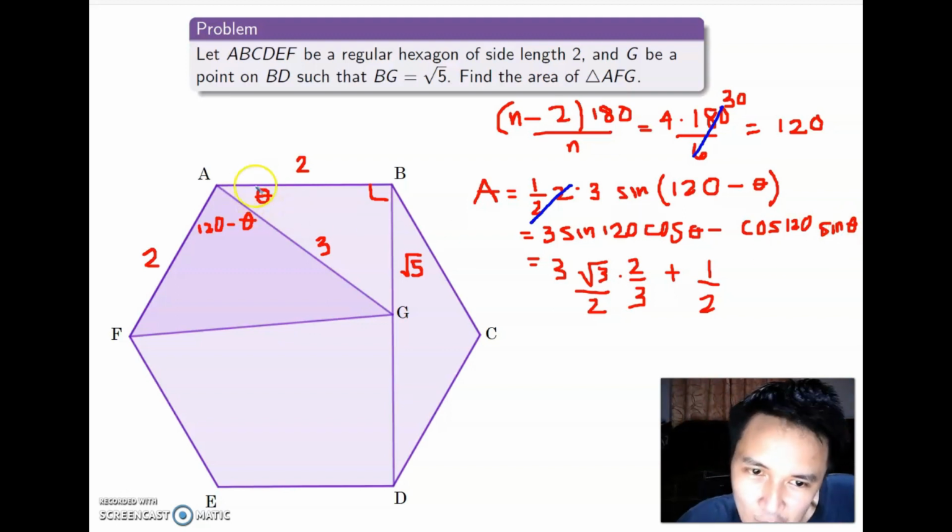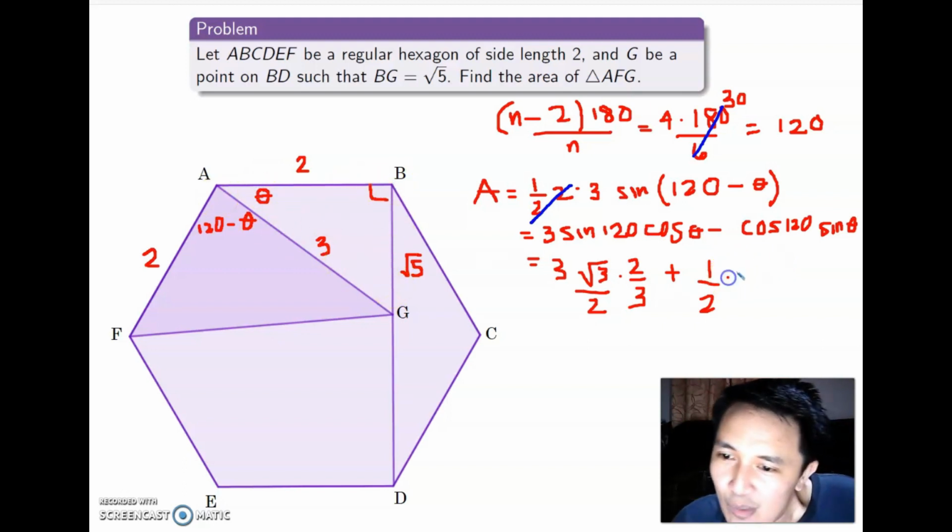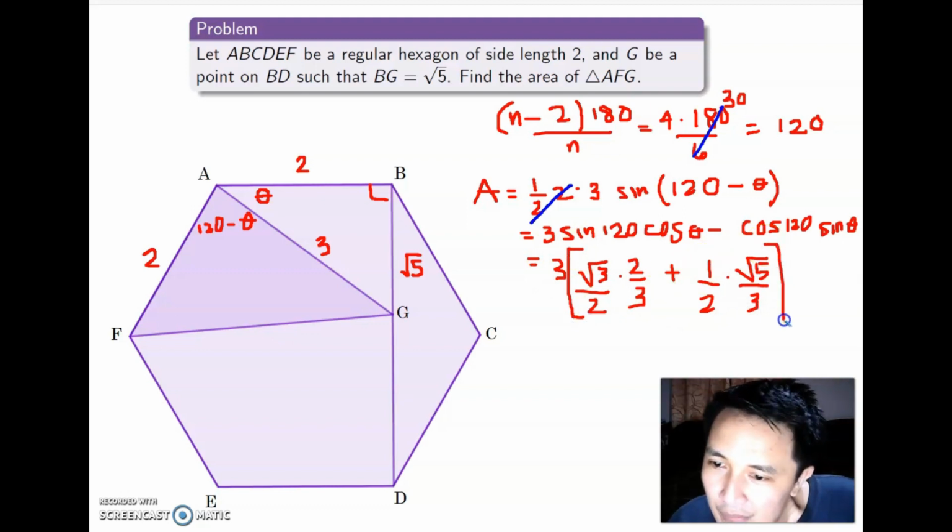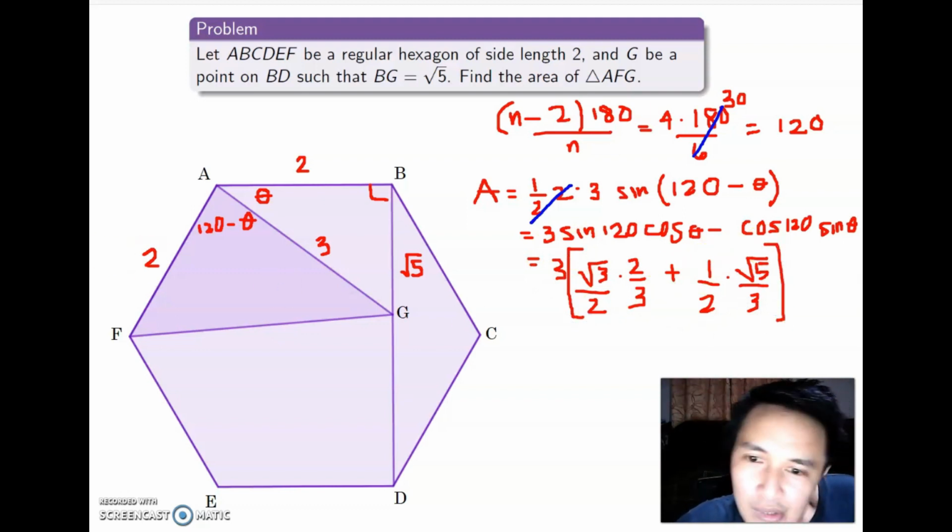Going back to this theta here, we define sine as opposite over hypotenuse. So I multiply this by square root of 5, which is opposite to theta, over the hypotenuse, 3. There you go. Then, we can now proceed to cancellation.